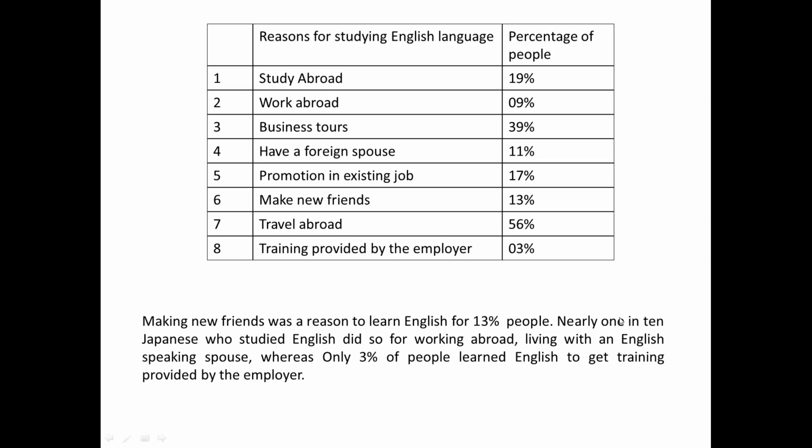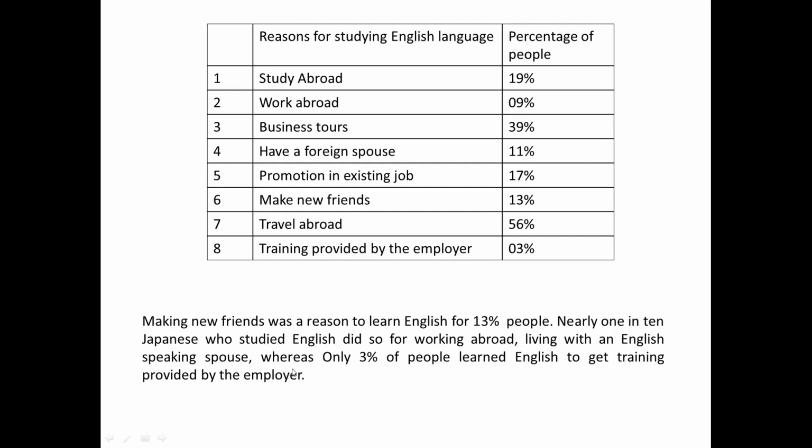Then nearly 1 in 10. So about 10% here. Here again it is not perfectly 10, so I have written nearly 1 in 10 who studied English. And here also having a foreign spouse, it's 11%, so I have also written about 1 in 10 for the same.